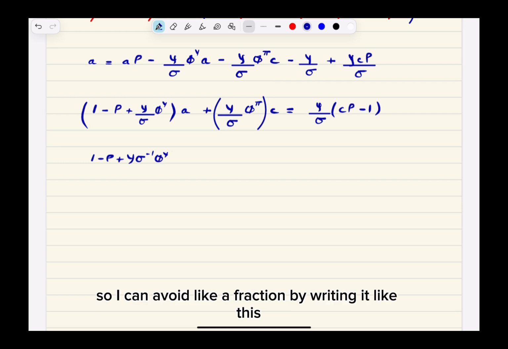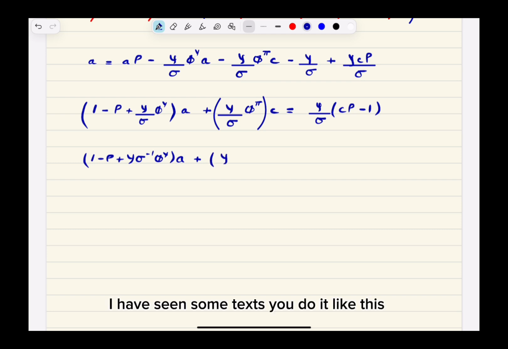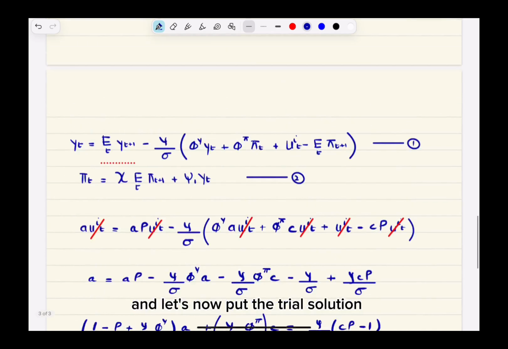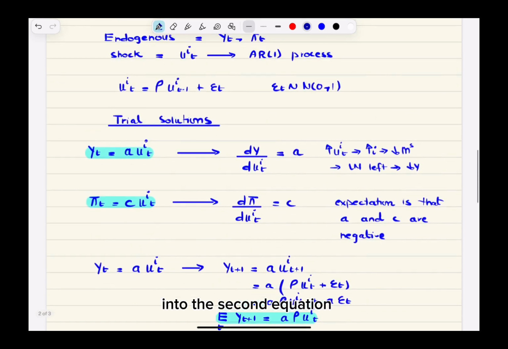So I can avoid a fraction by writing it like this. I have seen some texts do it like this, so I guess it's fine. Gamma to the power 1 c rho. So this way we can avoid a fraction. Okay, so this is the first equation, and let's now put the trial solution into the second equation.